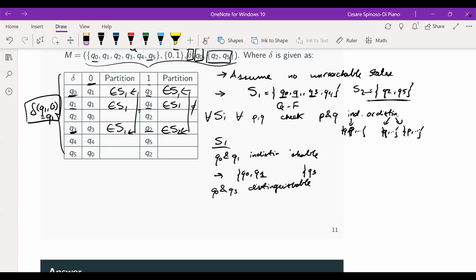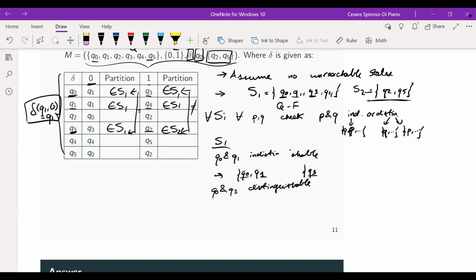Well, what you need to notice is if Q3 is distinguishable from Q0, so if Q3 is different from Q0 and Q0 is indistinguishable or equal to Q1, then this also means that Q3 is different from Q1. So the argument is transitive in that way. So Q3 is distinguishable from Q0 and Q1. Okay, so I don't need to check Q1 with Q3.